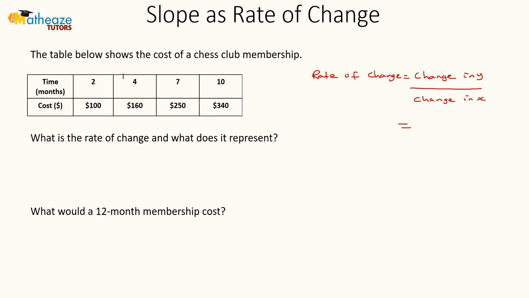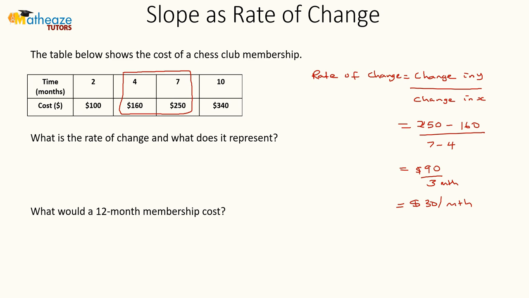So we have 250 minus 160 divided by 7 minus 4. So this is going to give us 90 over 3. So $90, 3 months. So this is going to be $30 per month.